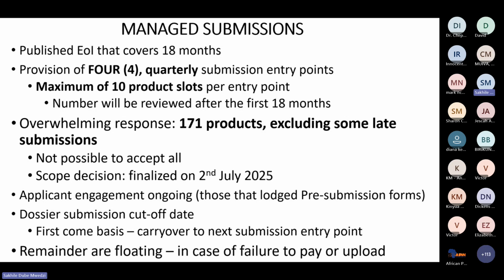So what we intend to do with the floating ones is that if somebody has been given a slot in this first window, for example, and they don't utilize that slot, we already have applications that will be bumped up from being floating to now. So you would get an email to say, we have an opening. Are you interested in having your product come through? And if you say yes and you pay, we will actually then take on that product.